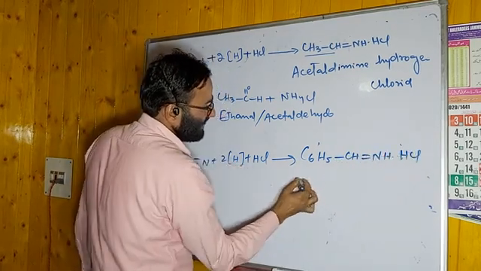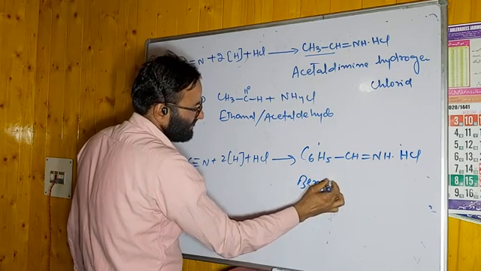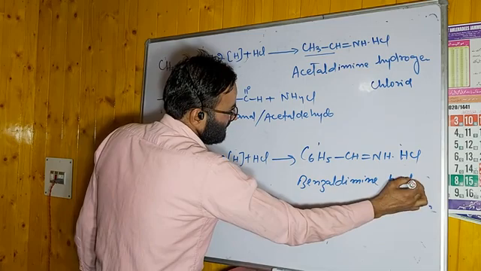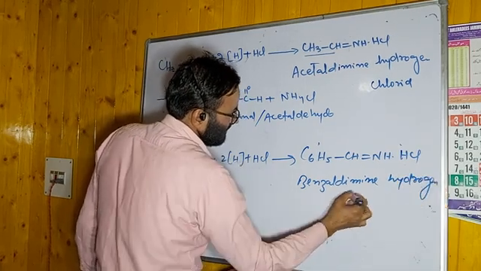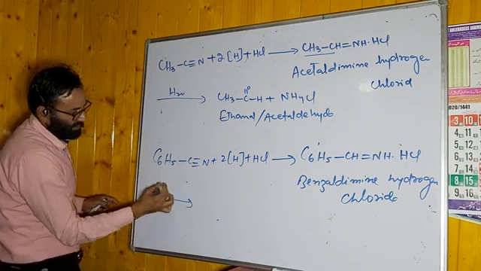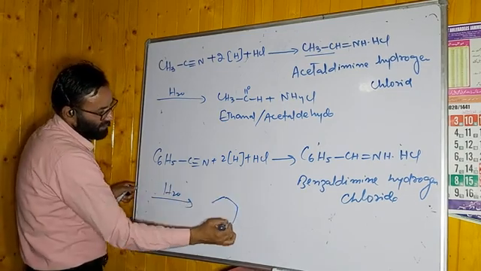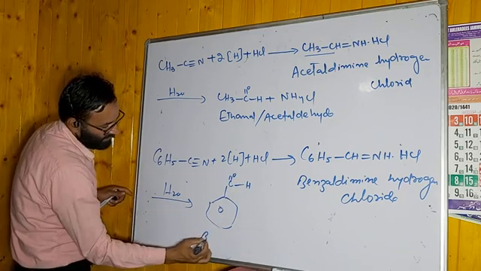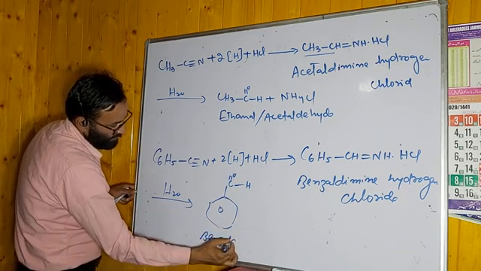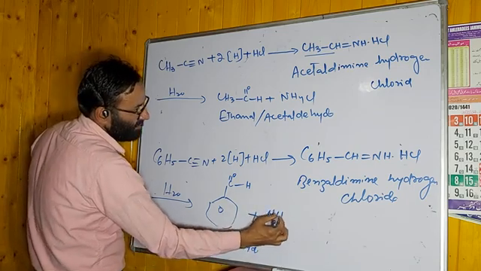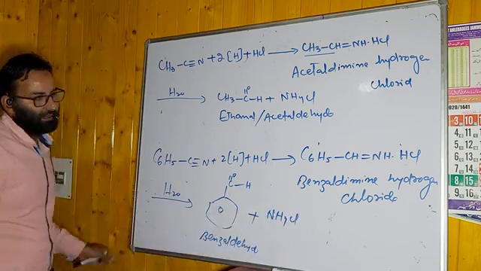Its name will be benzaldimine hydrogen chloride. This upon hydrolysis, what you get? You get the benzaldehyde plus you will have the ammonium chloride. Here, remember this point.